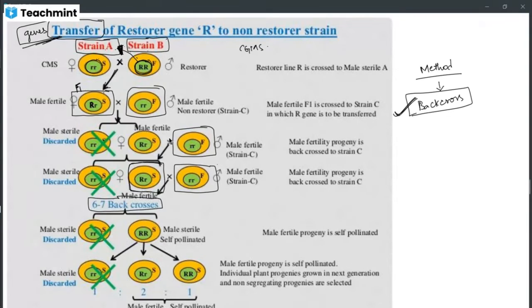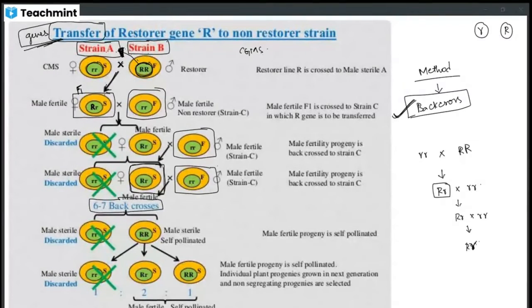For example, there is RR genome, capital R, capital R. It will be heterozygous condition. And then again, if you backcross it with your small r, you get capital R, small r, and again with this, and then you will be getting this. So now tell me, guys, which genome increases, whether it is small r or is it capital R? Which genome increases after 6 to 7 backcrosses?